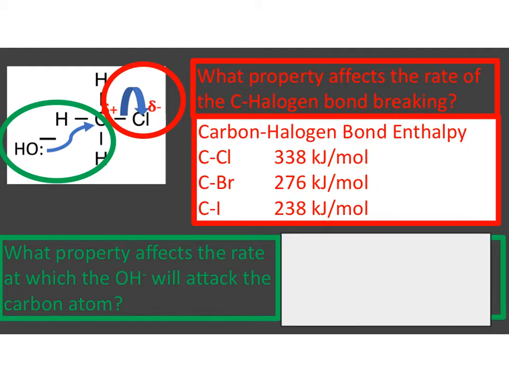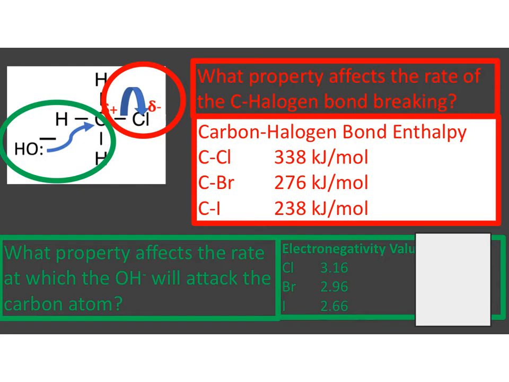So it's likely to be the electronegativity of the halogen which is going to affect the rate at which the hydroxide ion will attack the delta positive carbon. The more electronegative that halogen is, the higher the delta positive charge on the carbon, and the more likely that negative hydroxide ion will be attracted to it.